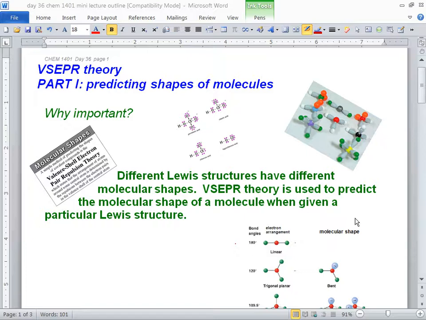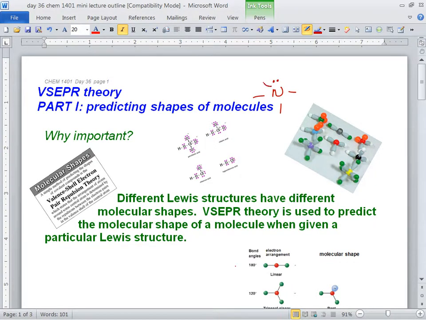All it means is that when you have a lone pair on your central atom, it takes up a lot of space and pushes everything else out of the way. That's valence shell electron pair repulsion theory. Then if you have two lone pairs, it's going to go way down to the bottom and push everything out of the way, right? That's the idea behind VSEPR.